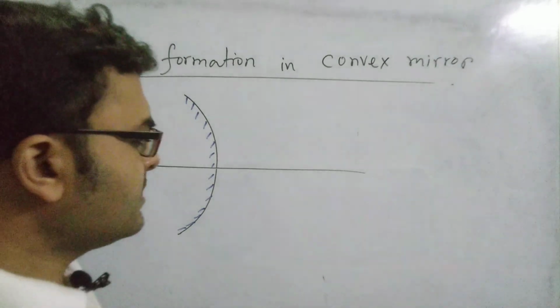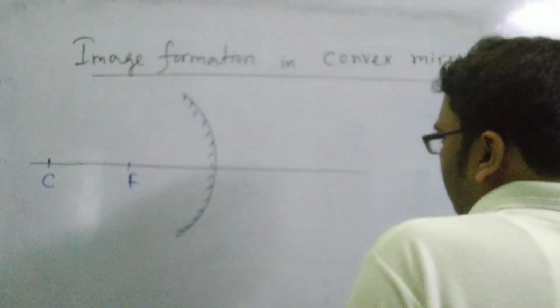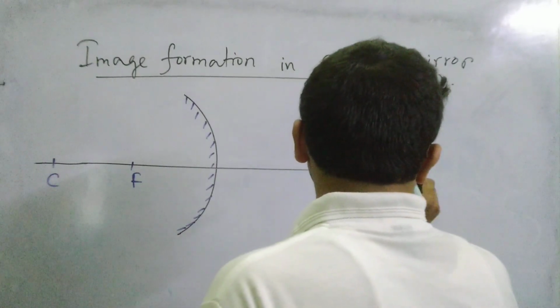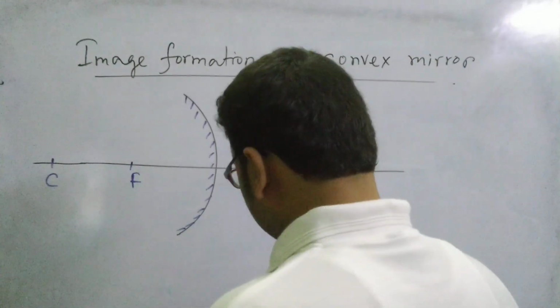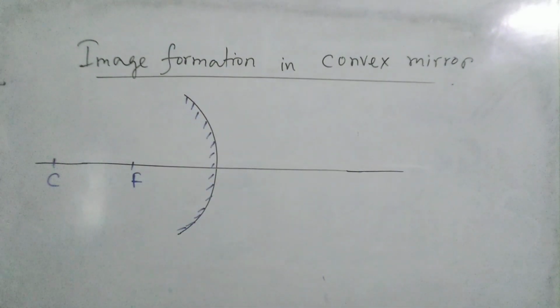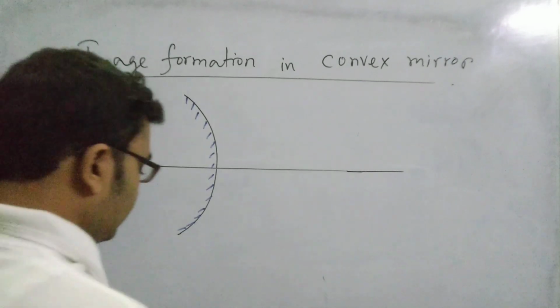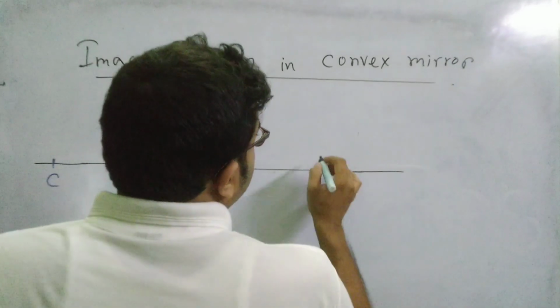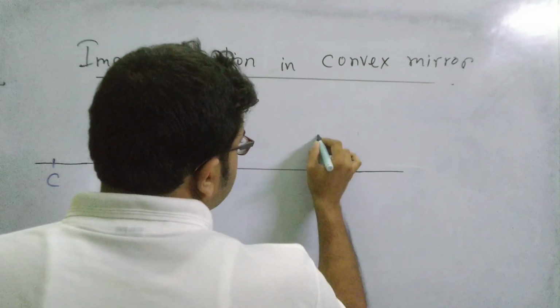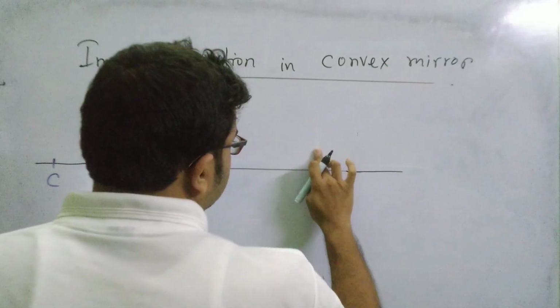For this kind of mirror, wherever you keep the object, the image formation is of the same kind. So we can take the object anywhere in front of the convex mirror, and we will get the same kind of image. Let us consider an object placed at this point, at any distance from the mirror.